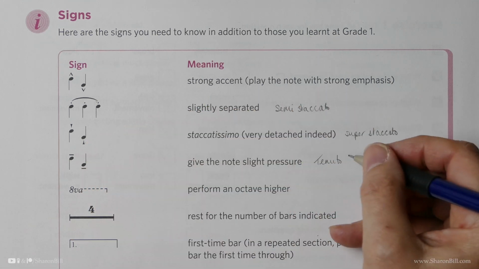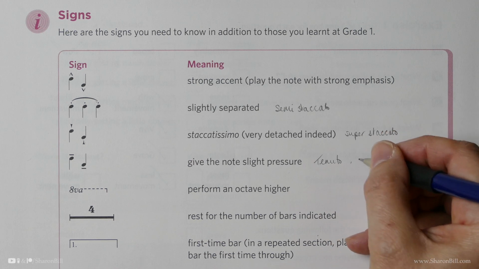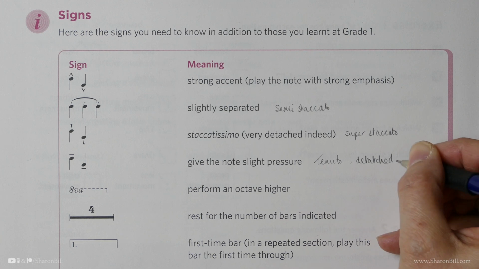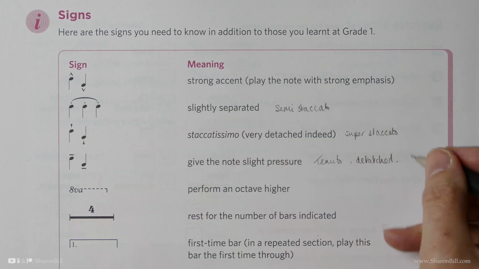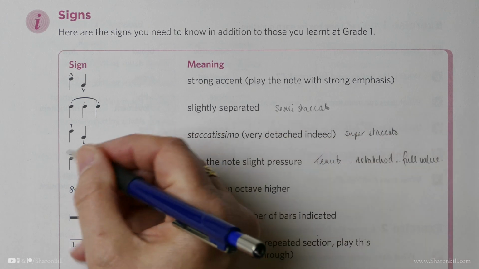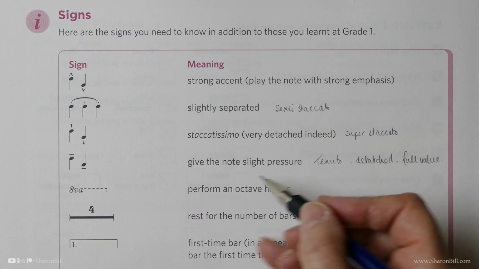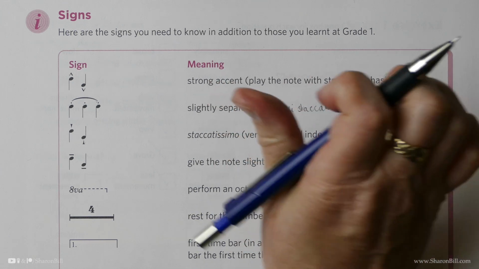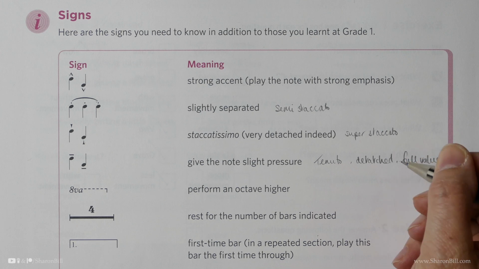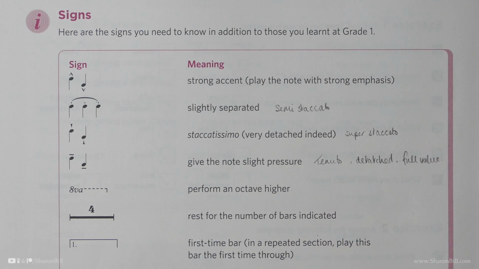And usually it also means detached, but you sort of slightly detach, separate, but full value. So it's quite a prescriptive little term, that one is. Slight pressure, a bit of a push, full value but detached either side, separated.